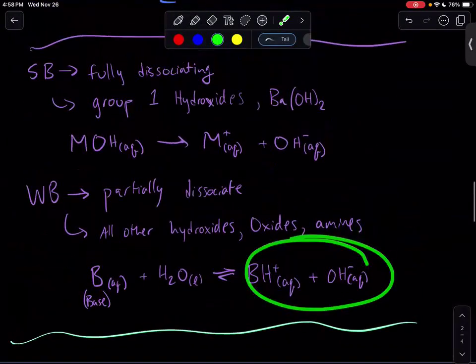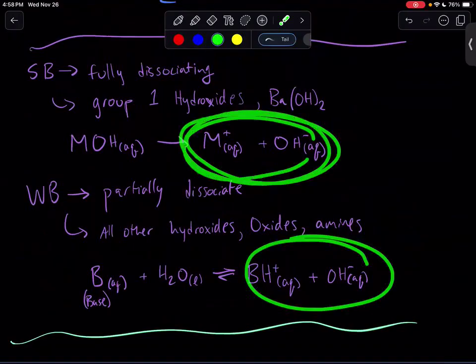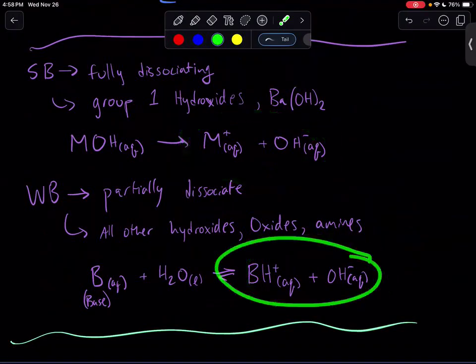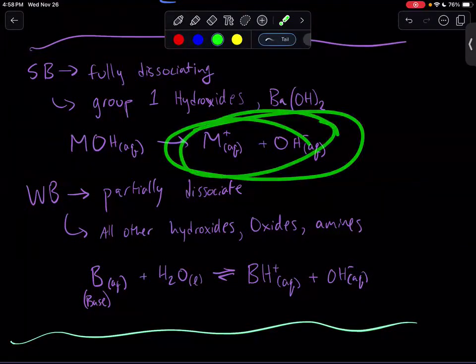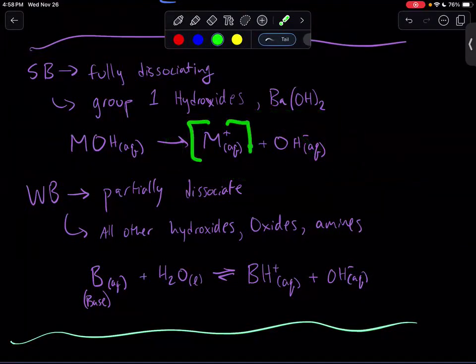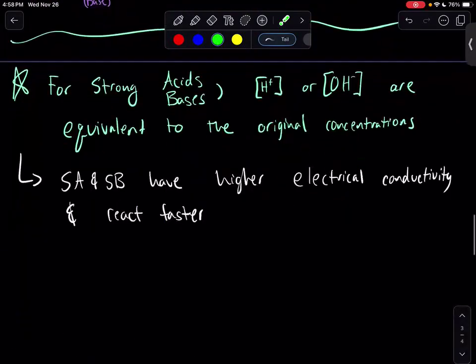So if it fully dissociates into ions, then we're going to have a lot more ions than only a partial dissociation, meaning the stronger ones will be very good at conducting electricity. Furthermore, a higher concentration of ions reflects a faster reaction rate due to collision theory. So the strong acids and bases will be faster reactants as well as conduct more.